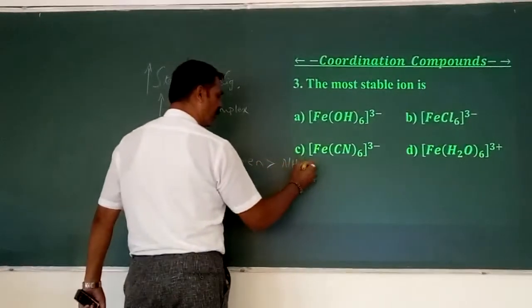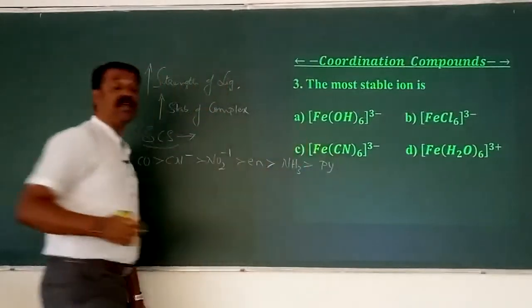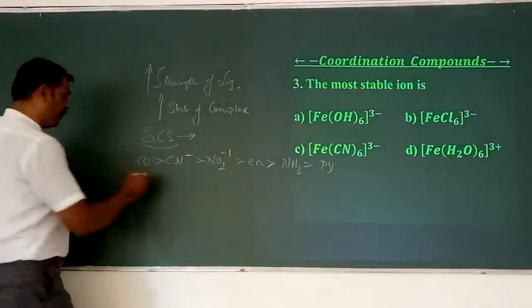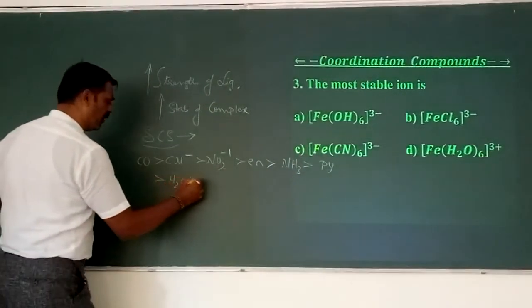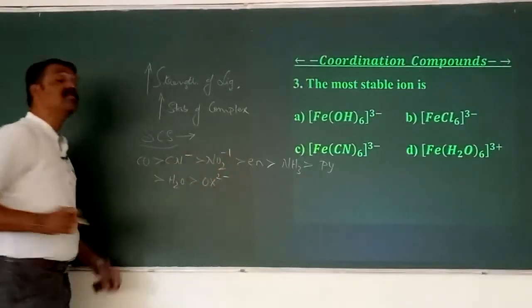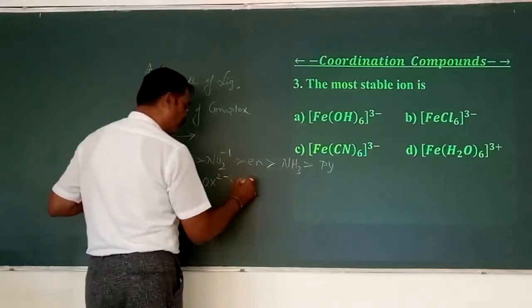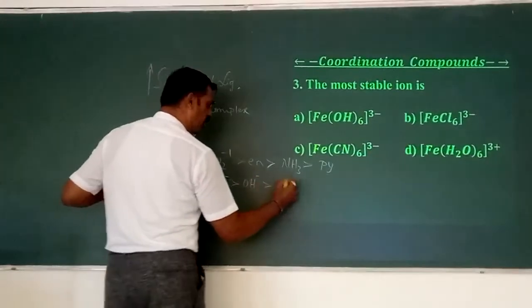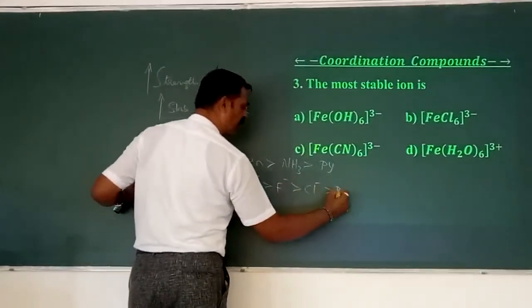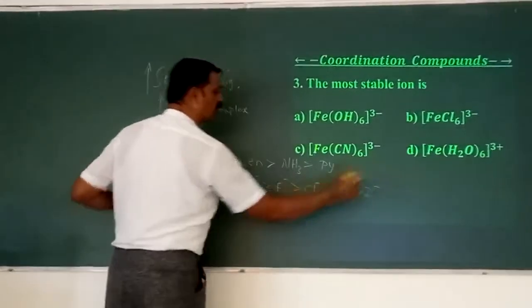NH3, then PY, pyridine, followed by water, then OX2 minus, means oxalate, C2O4 2 minus, followed by OH minus, then F minus, Cl minus, Br minus, and then I minus. What are these referring to?